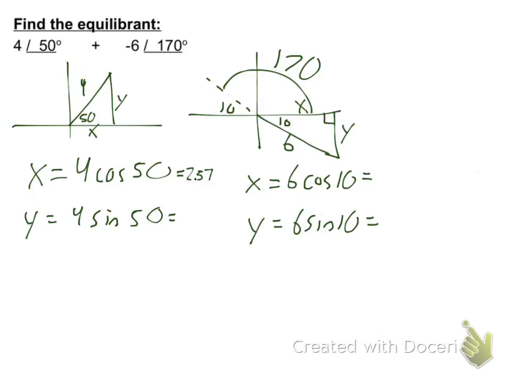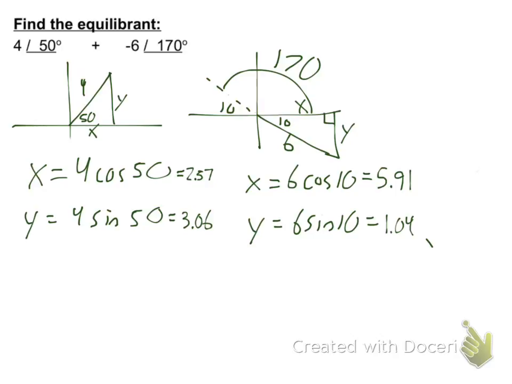When we put it to our point, we're just figuring out x and y right now. So 50 sine times 4 is 3.06. And 10 cosine times 6 is 5.91. And the last one, 6 times sine of 10 is 1.04.